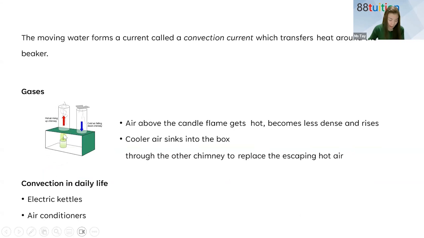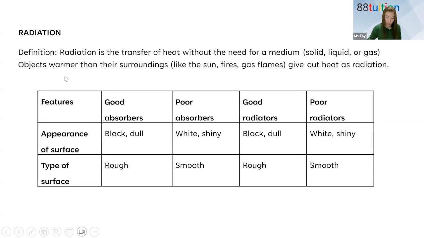When the hot air rises, air is leaving this box, so the cold air must come in to take its place. The cold air that goes in again gets heated by the candle, becomes hot, expands, and rises. So the process repeats.